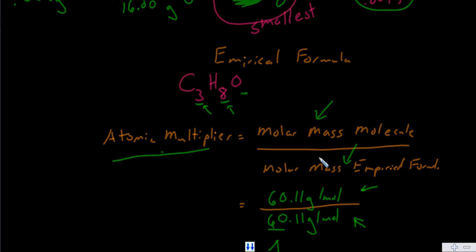And given that the empirical formula has the same ratio of one element versus another as the molecule, there must be twice as many atoms of each element. So let's just say theoretically that the atomic multiplier was 2, because the molar mass of the molecule was, say, 120 instead of 60. Well, then there would be twice as many of each element. So what you would have is C6H16O2. Of course, you don't want to include this in the notes.